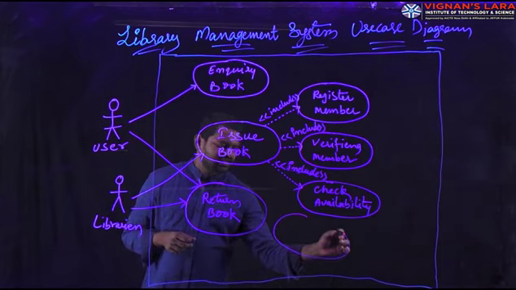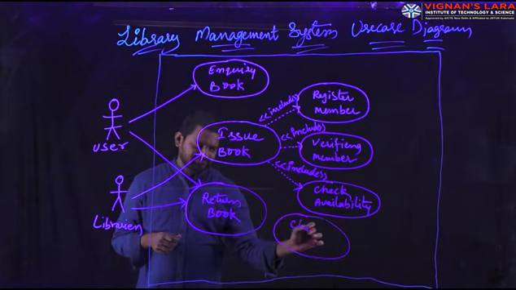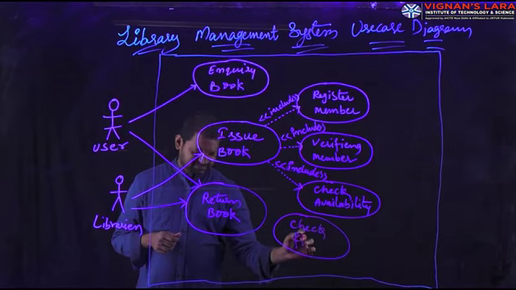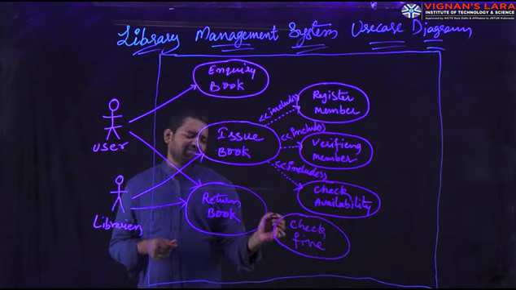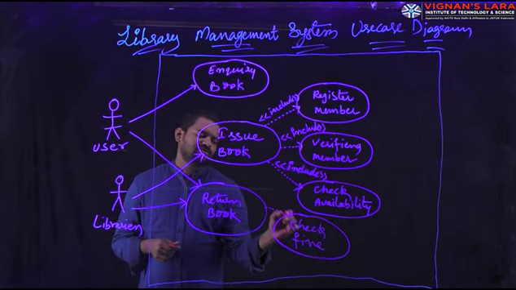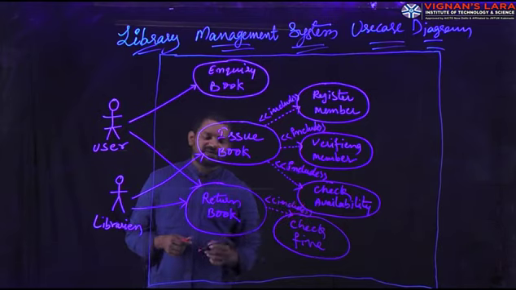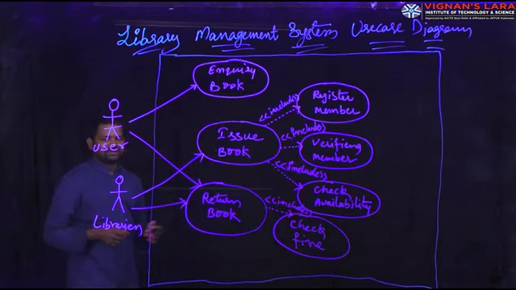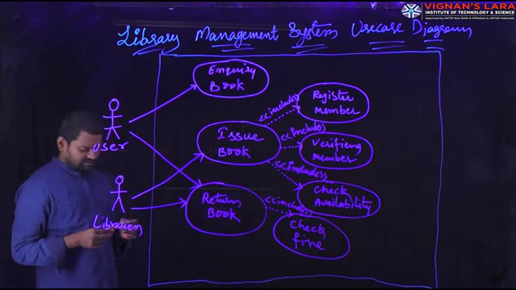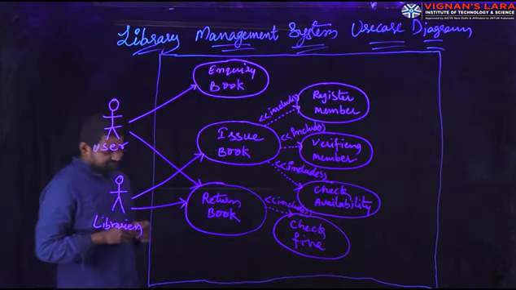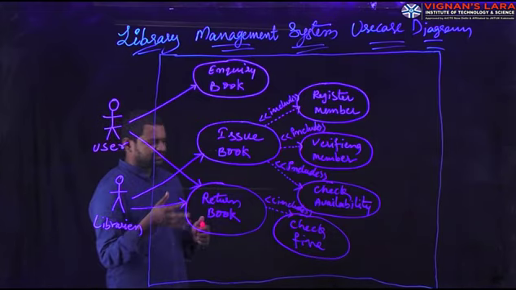Compulsorily checking the fine calculation, calculating the fine or check fine. This is the include relationship. Every time a book is returned, the librarian or the user checks whether that person is paying a fine or not.